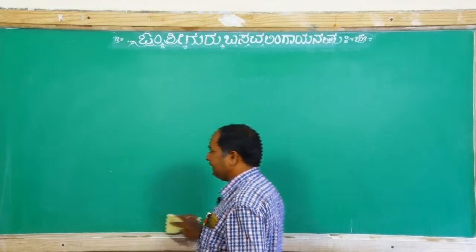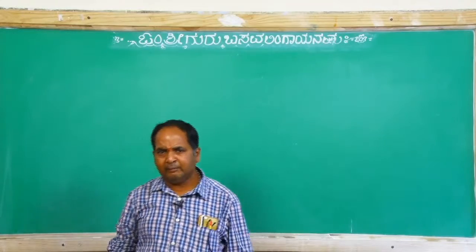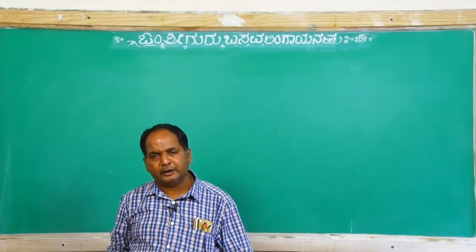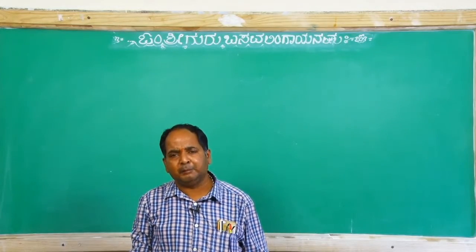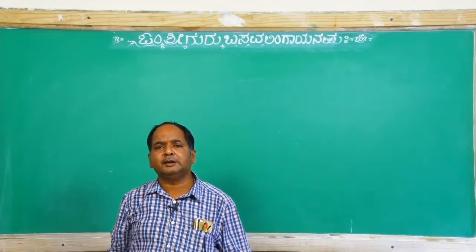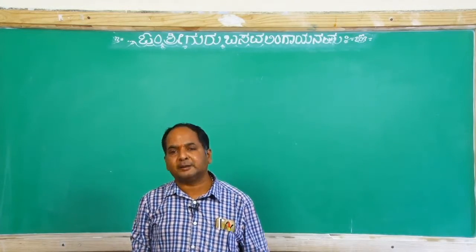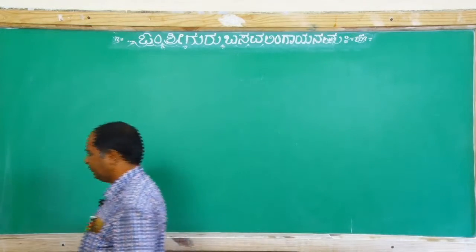Generally in mathematics, how many arithmetic operations are there? 5. One is addition. Second is subtraction. Third is multiplication. Fourth is division. And fifth is powers. 5 types of operations will be there.